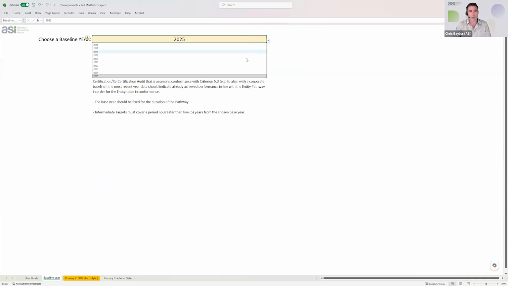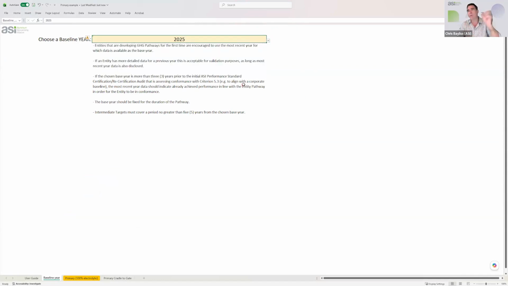So yes, you can choose your baseline year as early as 2016 or as late as the previous year. In Gangaa's example, 2025 was the baseline year, so we would choose 2025. Some have 2018, often it's pre-COVID. Not many have 2020 because it's a COVID year. So you choose 2025, and that's the only time you need to enter your baseline data.